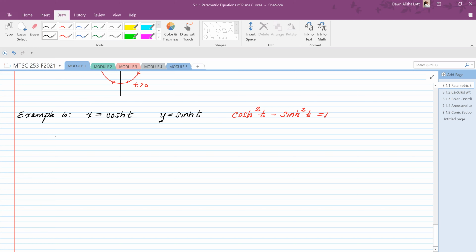So the cosh squared of t is just x squared, and the sinh squared of t is just y squared. Okay. So therefore, this just gives me x squared minus y squared equals 1. Now, that is a conic structure. It is a hyperbola.